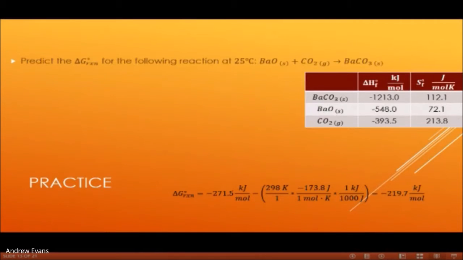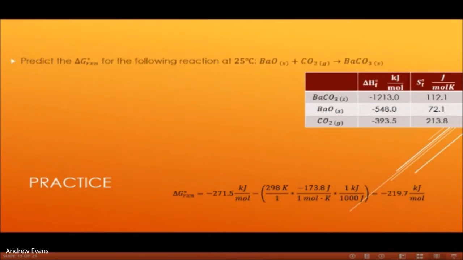The total of the reactants, -393.5 and -548, is -941.5. So when I subtract that from -1213, I add a positive 941.5 to -1213, and I get -271.5, as you see here.